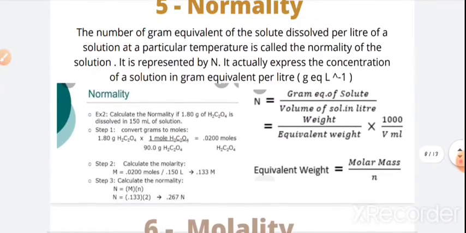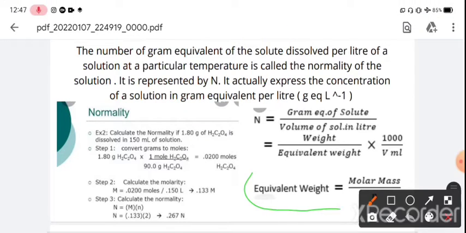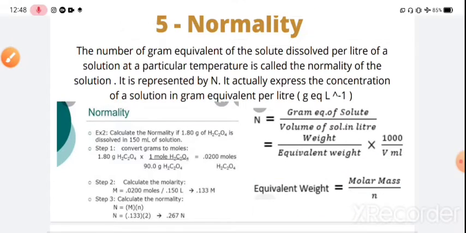Now let's move to the next unit, that is normality. Normality is the same as molarity, but over here we just need to calculate the equivalent mass of a given solution. Here is the formula of equivalent mass. It is simply the molar mass by valency.